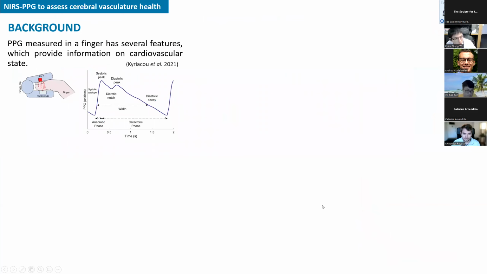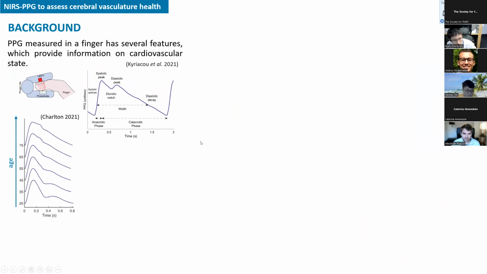As we know, in traditional PPG, there are different features in the pulse waveform that give you some information on your cardiovascular state. As shown here, there is a shape difference between the younger and older population.